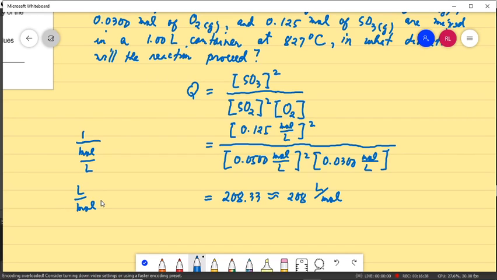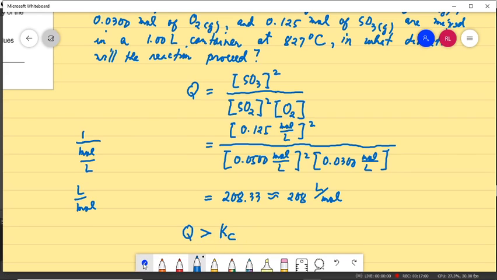Okay, so compare now the values of Q and K. So as stated in the problem, the equilibrium constant is 36.9 liter per mole, which means that our Q is greater than our equilibrium constant.